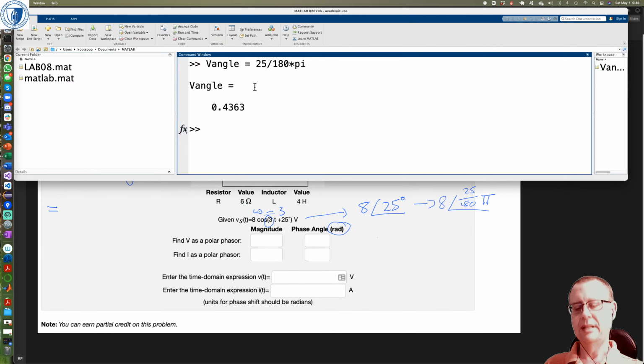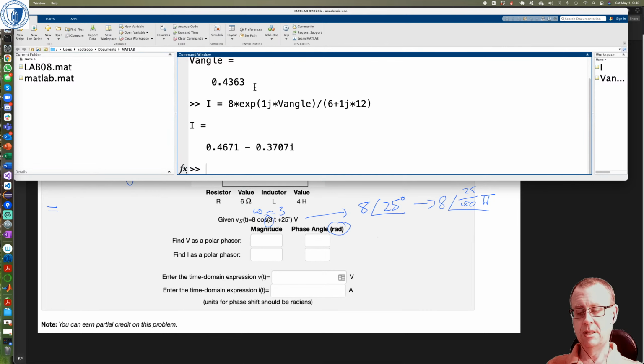And the I equals 8 times exp of 1j times 25. Well, let's just type V angle. Okay, so there's our voltage, and then we've got to divide it by our impedance, which is 6 plus j12. Okay, and then if we want to get that into polar form, which we do, and we only want the radians version, then there's that.